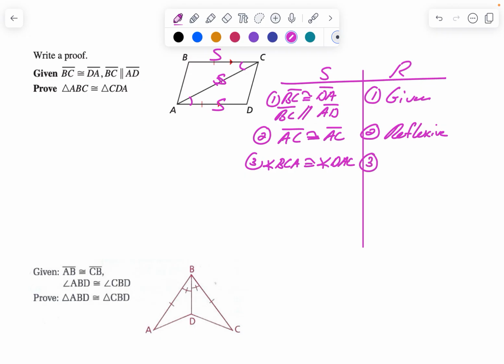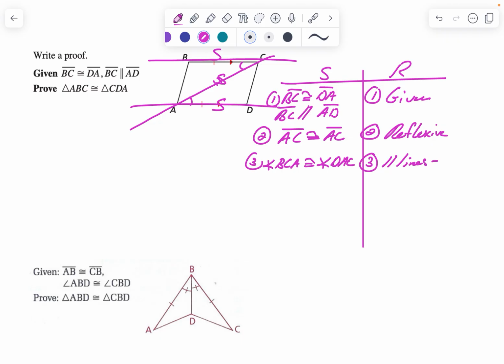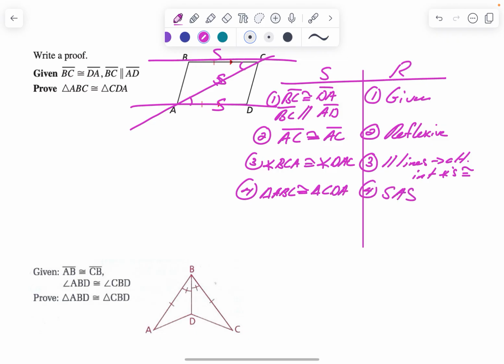And we can say that they're congruent because these lines are parallel with the transversal, alternate interior angles congruent. And now we can say triangle ABC congruent to triangle CDA by SAS.